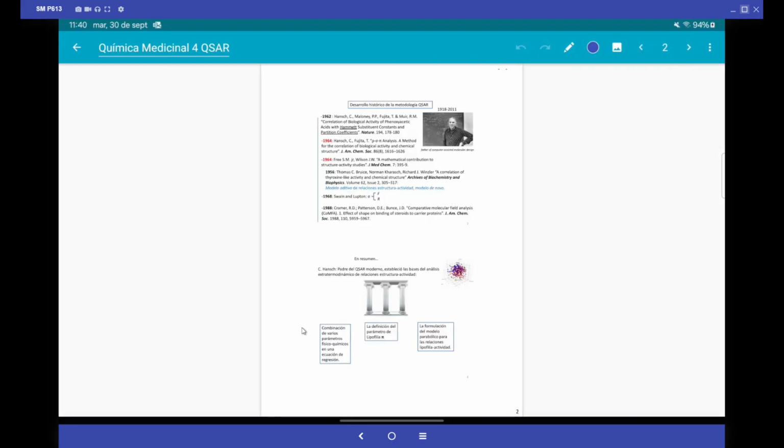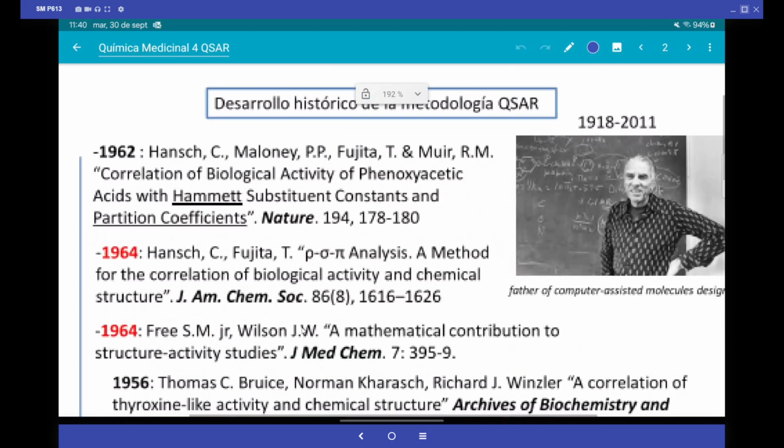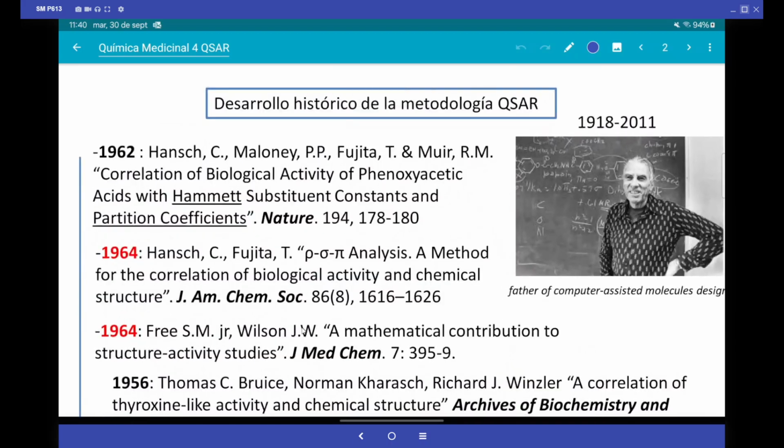Until here, in 1962, a North American dared, Corwin Hansch, who is considered the father of QSAR, of the structure-activity relationship equations, and published nothing more and nothing less than in the journal Nature his proposal called correlation of biological activity of phenoxyacetic acids with Hammett substituent constants and partition coefficients.